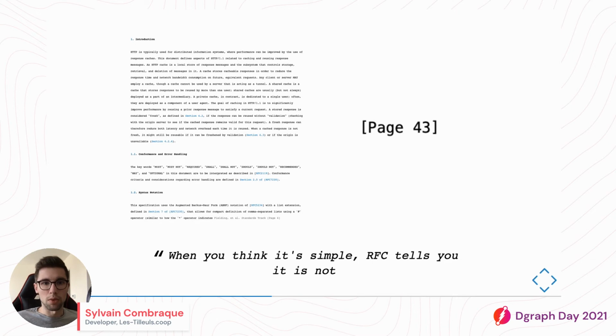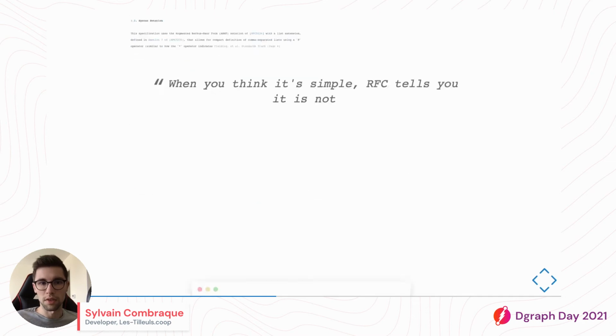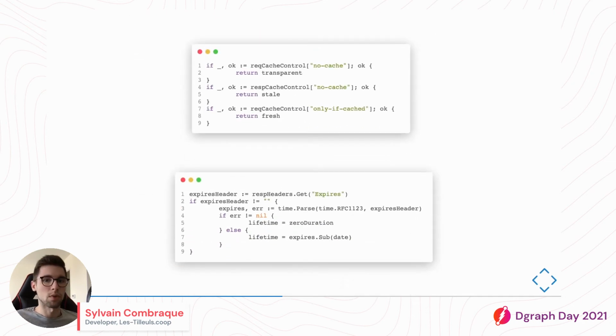Then, when you're implementing an RFC, you realize that it's just if-else conditions, as you can see in this example to manage the cache control header. It's just conditions after others to be able to test every case. And it's the same, for example, for the expire header to check if it has already expired or is still good to be served.